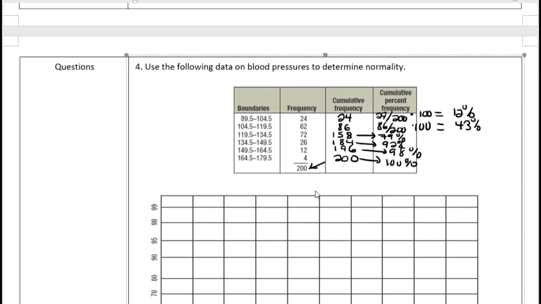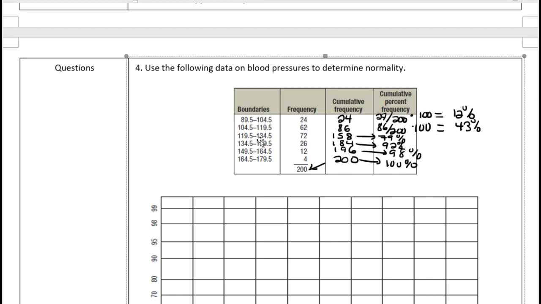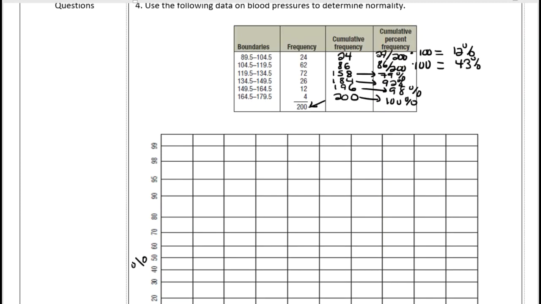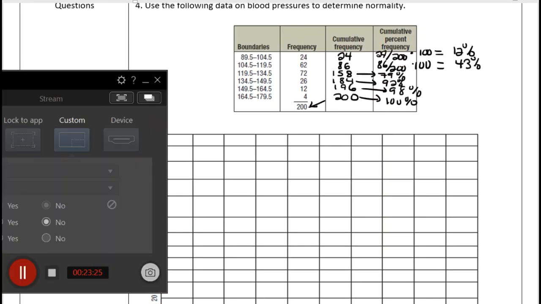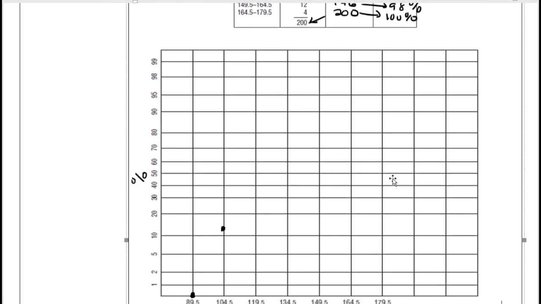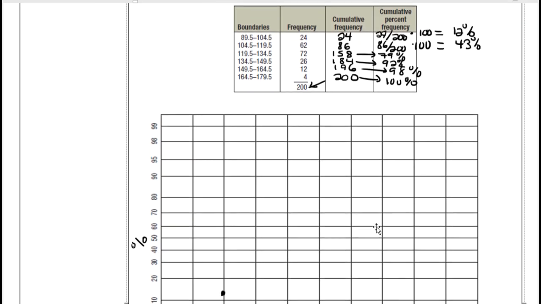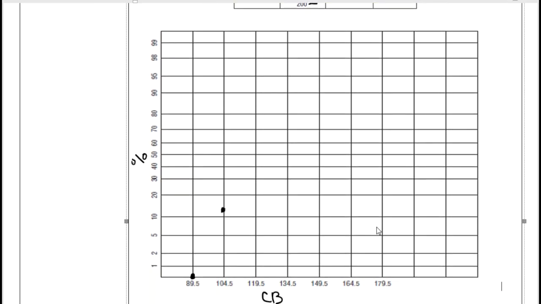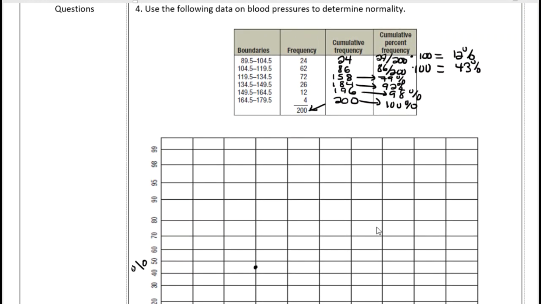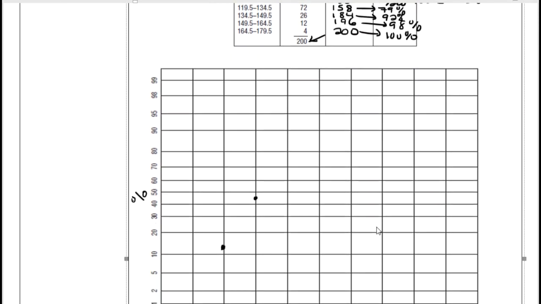And then for 119.5, we have the 12% for the 104. The 119 is going to be 43%, which is around here. The 134 is going to be the 79%.